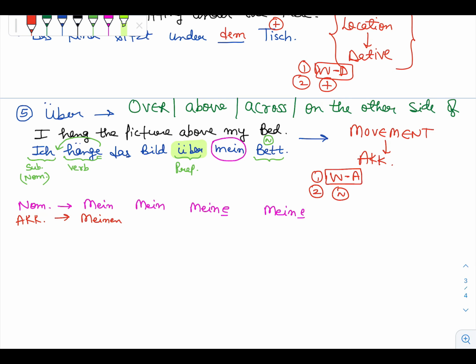So meinen, mein, meine, meine. Okay, so masculine, neutral, feminine and plural. So accusative of neutral here, that's why they wrote mein.